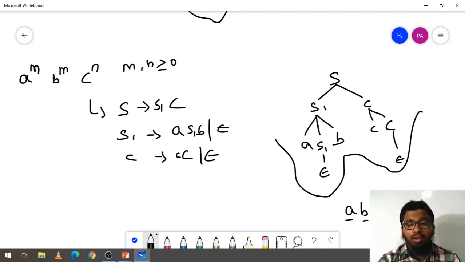So that should be any one, or directly you can take here epsilon. So this is a complete of the CFL to CFG.